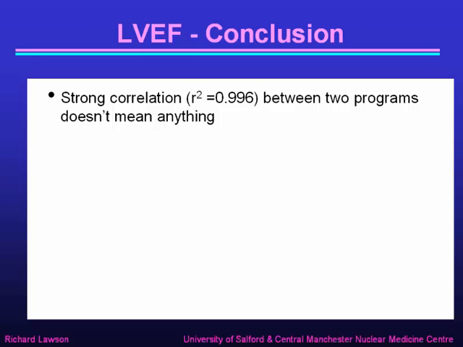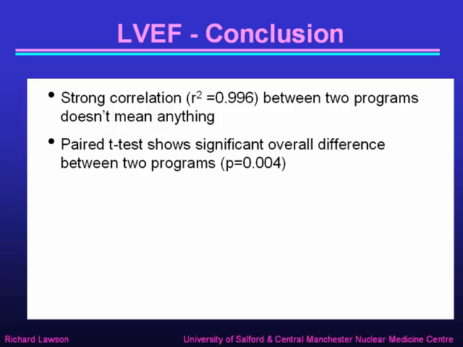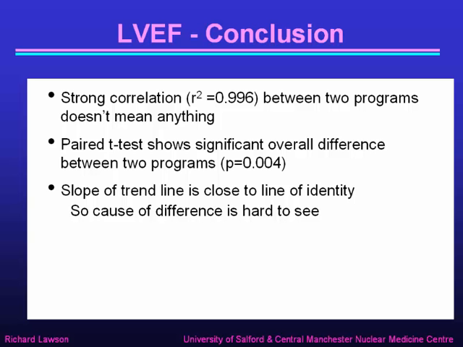So our conclusion is that we've got a strong correlation, R squared is 0.996 between the two programs, but that doesn't mean anything at all. Because these were two measurements of the same thing, they will always be correlated. The paired t-test shows that there is a significant overall difference between the two programs with a p-value of 0.004, and the slope of the trend line, although it's close to identity, is not perfectly identical, and so the difference is hard to see.